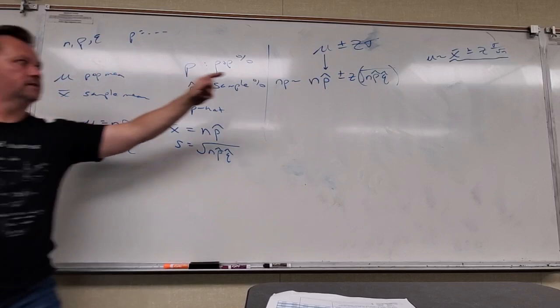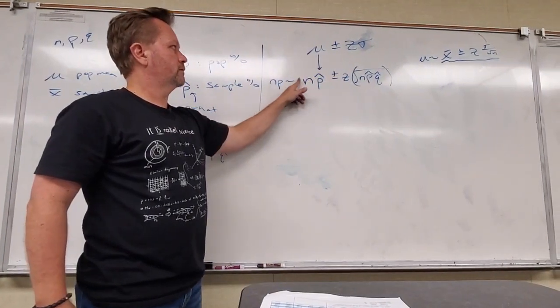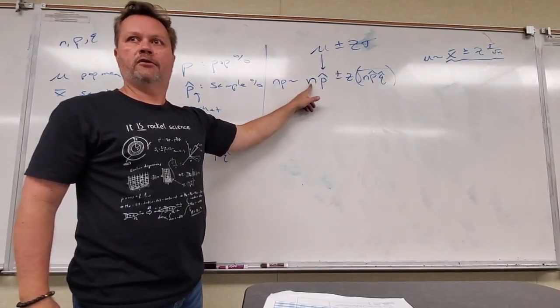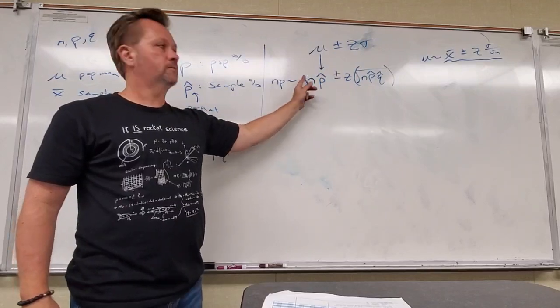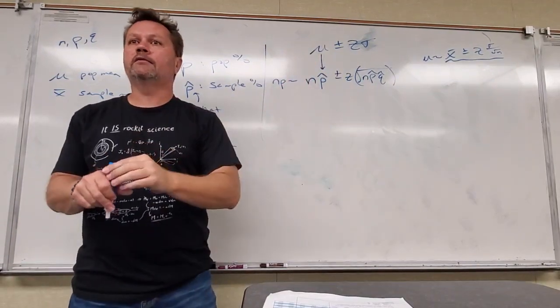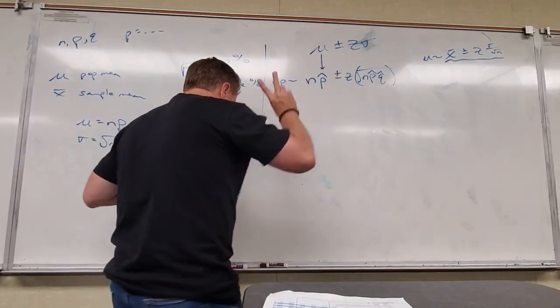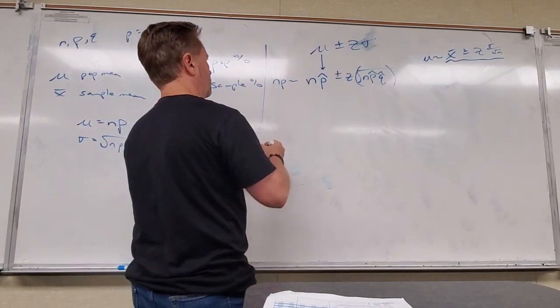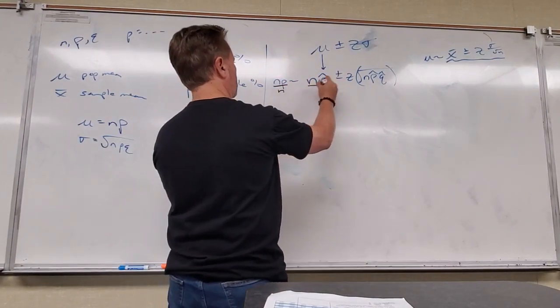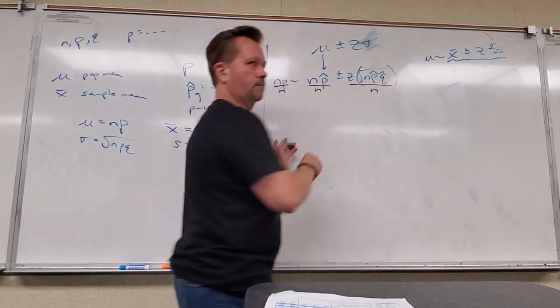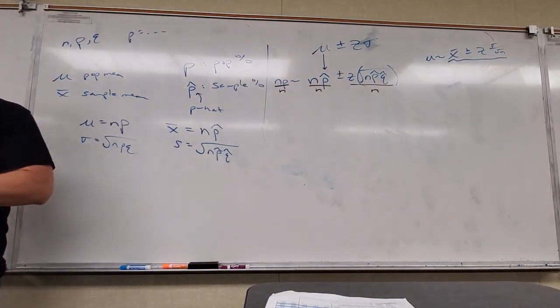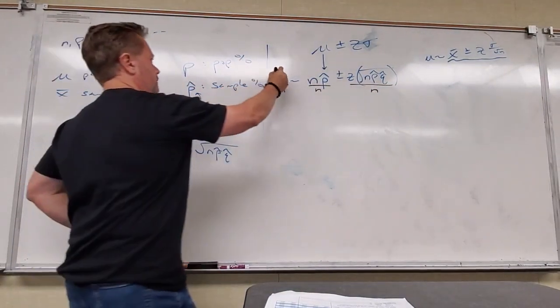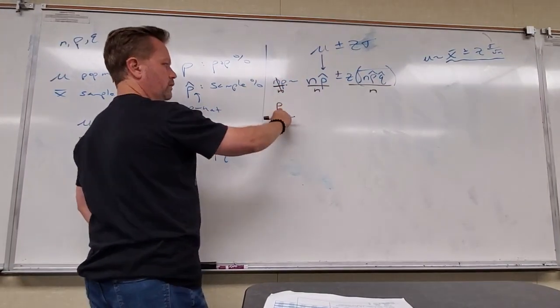Is this just a percentage yet? What do I want to get rid of so it's just a percentage? I want to get rid of n, yes? So let me divide both sides by n. Then what am I catching? I'm catching the real percentage.